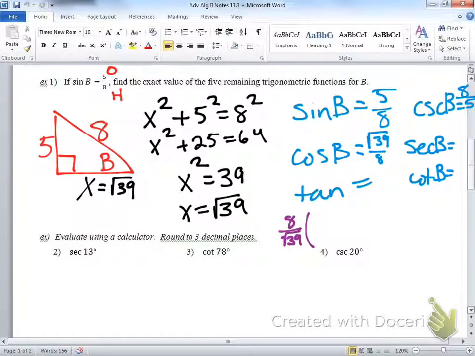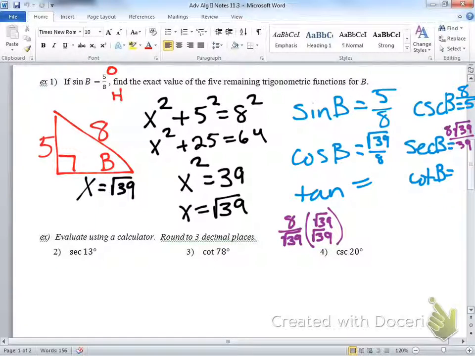Do you remember this? It's rationalizing the denominator. 8 root 39 over 39. So your answer for the secant would be 8 square root 39 over 39. 8 and 39 don't go into one another, so you're good.